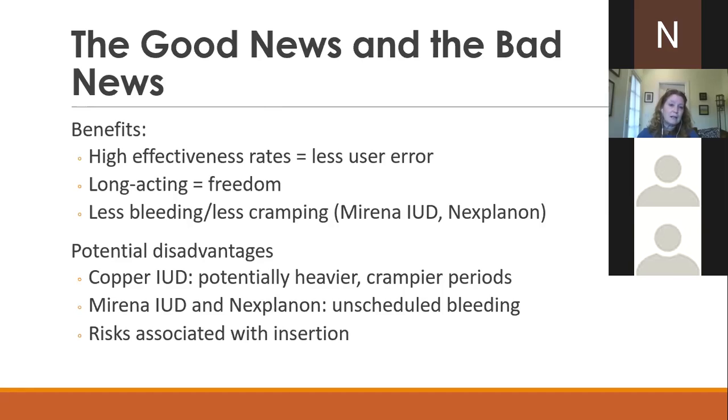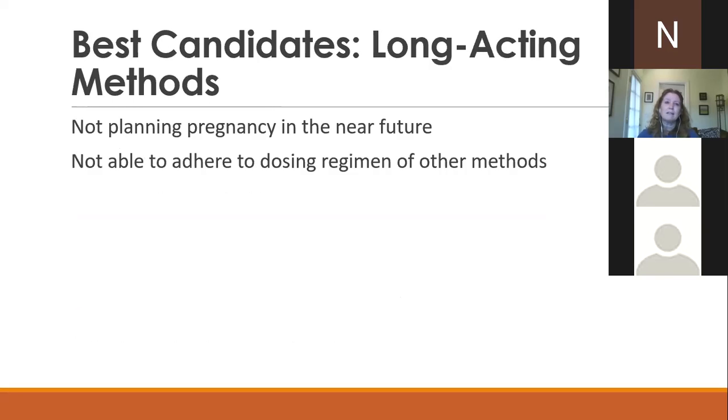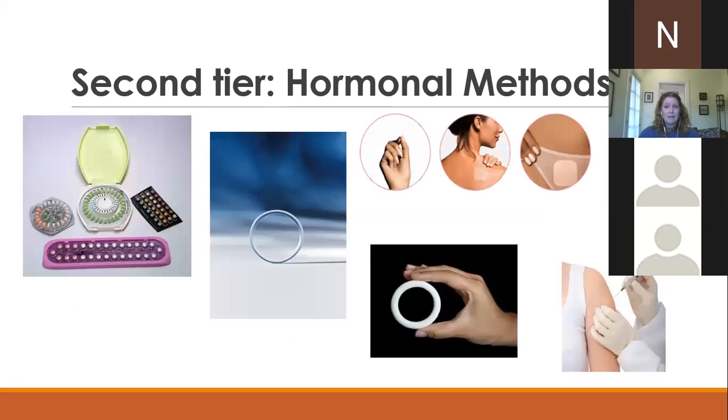For the hormonal IUDs, you may have some unscheduled bleeding at the beginning. And with the implant, you will have unscheduled bleeding, but it's usually lighter and less. So people who aren't thinking about getting pregnant in the next year, or don't want to take a pill or have a hard time taking a pill, these are good candidates.